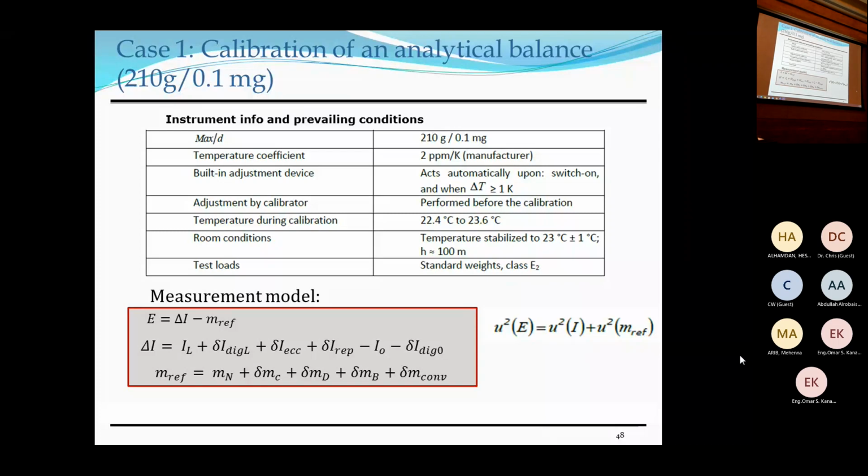This is the result from the calibration of this mass standard. This is my estimate of how this mass standard drifts from calibration to calibration. This is my estimate of the buoyancy correction when I'm doing the calibration. And this is my estimate of any convectional effects that might be present during the calibration of the balance.